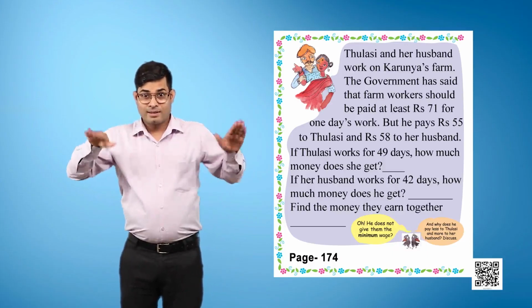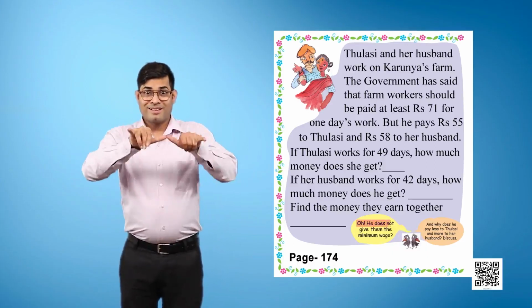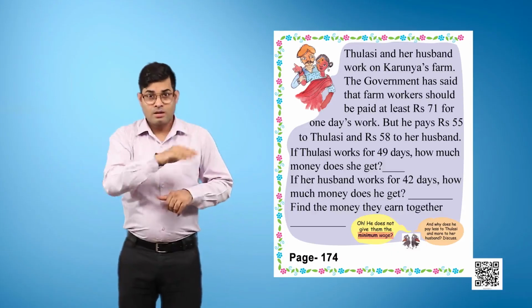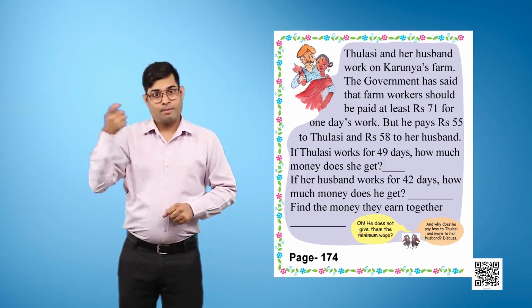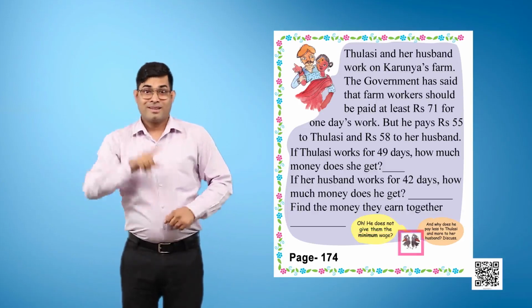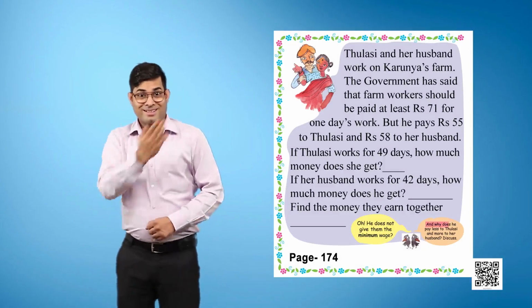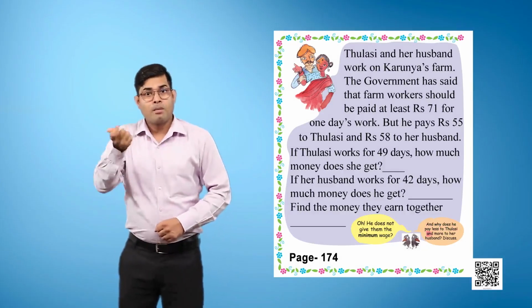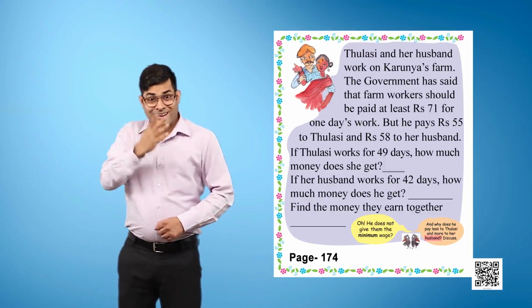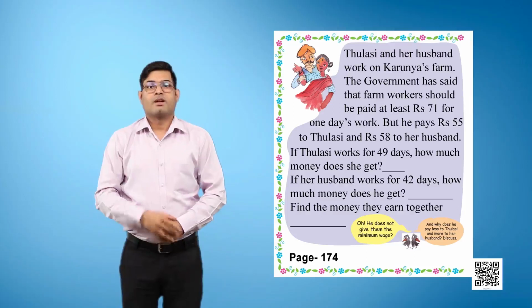Bird 1 says, "Oh, he does not give them the minimum wage?" Bird 2 says, "And why does he pay less to Tulsi and more to her husband?" Discuss.